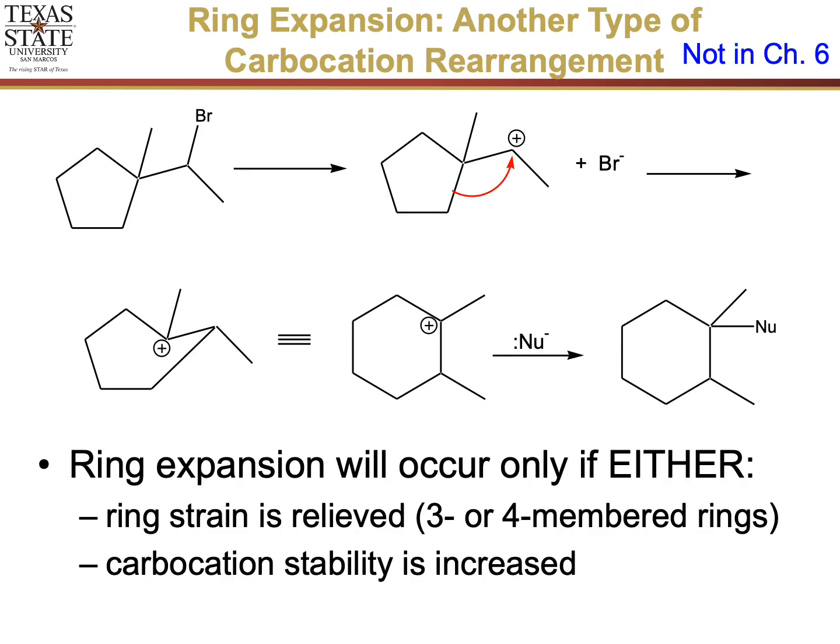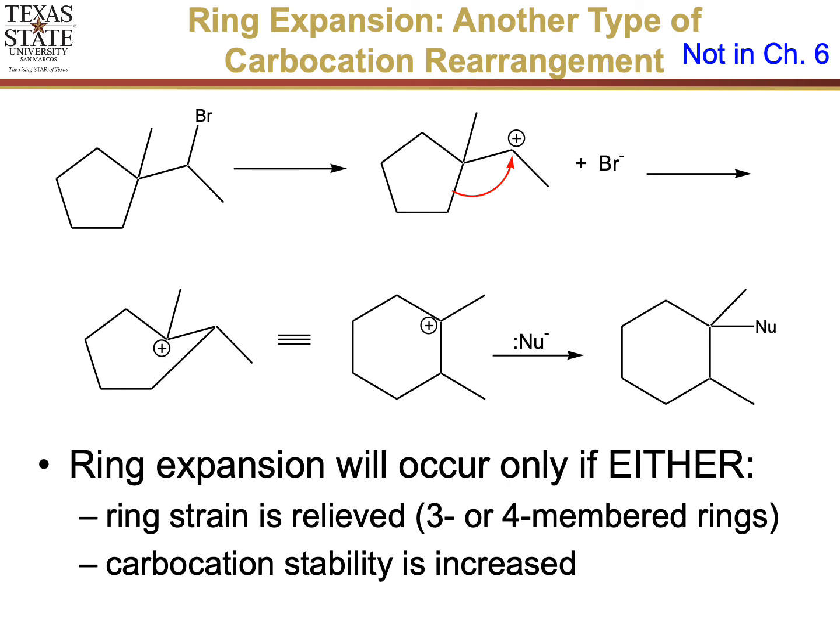Okay, how can this help us? Well, this can help us a lot if we have ring systems, especially if we have 3, 4, and 5 membered rings. By doing that transfer and expanding the ring to make it bigger, it actually relieves ring strain. So in the case of our material at the top left here, we can undergo an SN1 first step to create our carbocation and have our bromide leave as the anion. Okay.